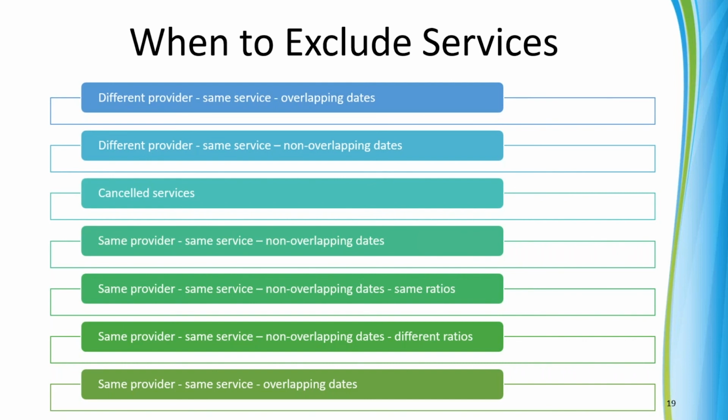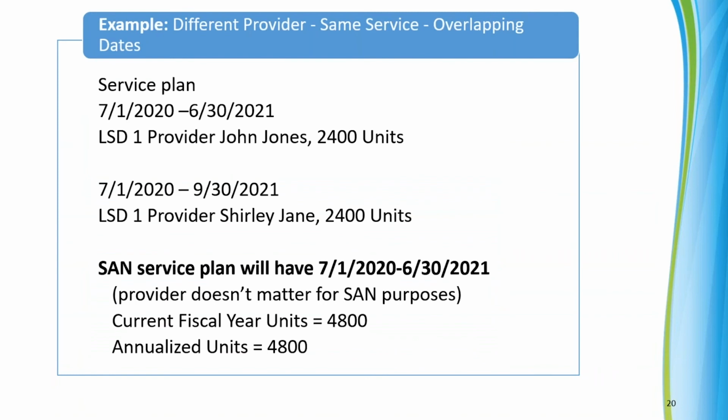So if you can go on to the next one, then maybe we'll come back to this one. So here's one example, and this is the same thing that's in that SAN video. If your client has 2 service plans for companion services for life skills development level 1, and one runs the whole fiscal year from 7/1 to 6/30, and one only ran for 2 months, because you can have 2 different providers for that service, and they were both for 2,400 units.